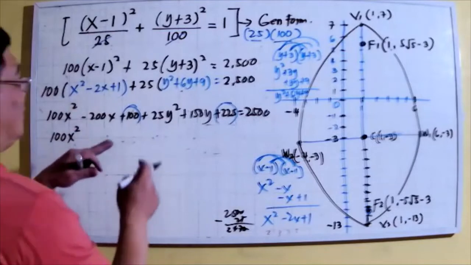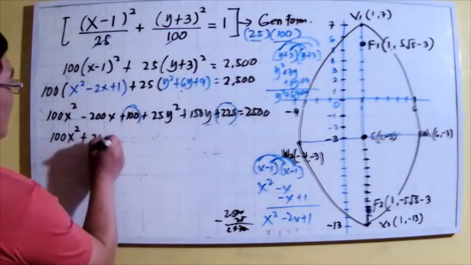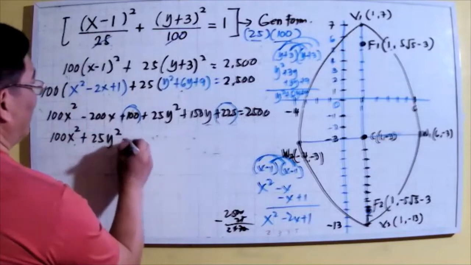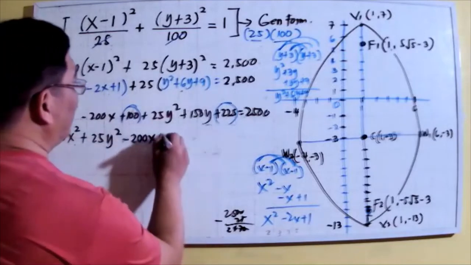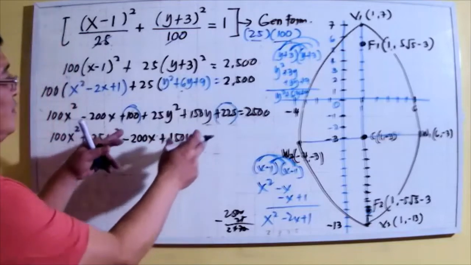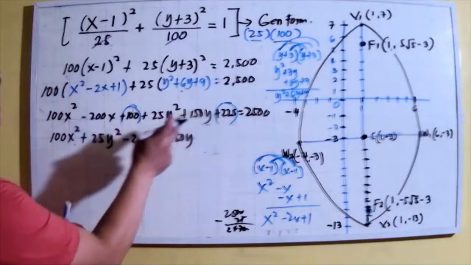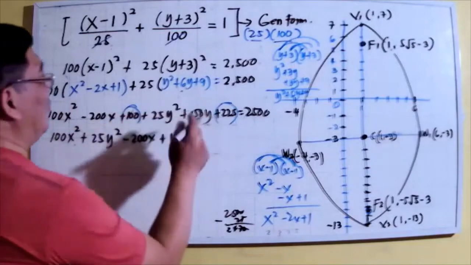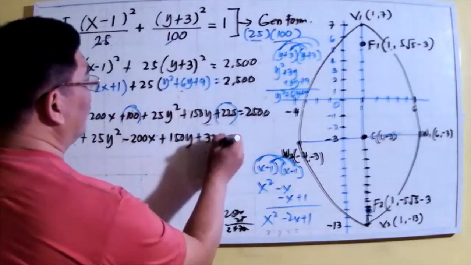100x squared muna. And then sumunod yung 25y squared. Sunod natin yung may x, negative 200x. And then yung may y, plus 150y. Then combine natin itong constant, that is 225, and this is equal to 100. So we have 100 plus 225, that is 325.